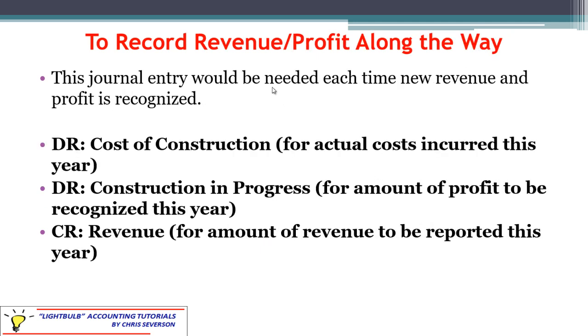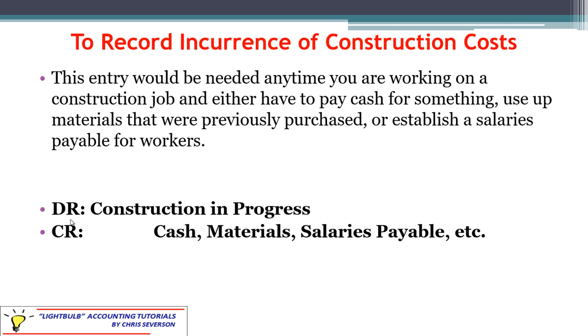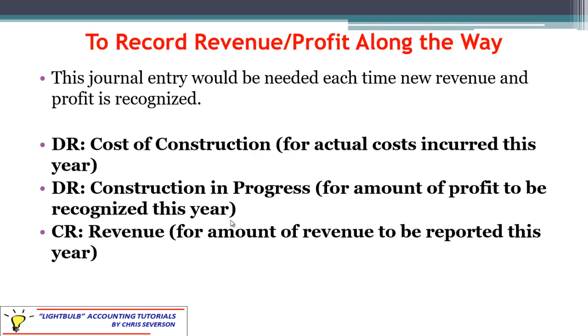Now this is where the construction in progress comes into play. This is when we're recording revenue and profit. So notice, let me go back here a second. We debited this construction in progress previously, and now we're recording revenue and profit along the way.